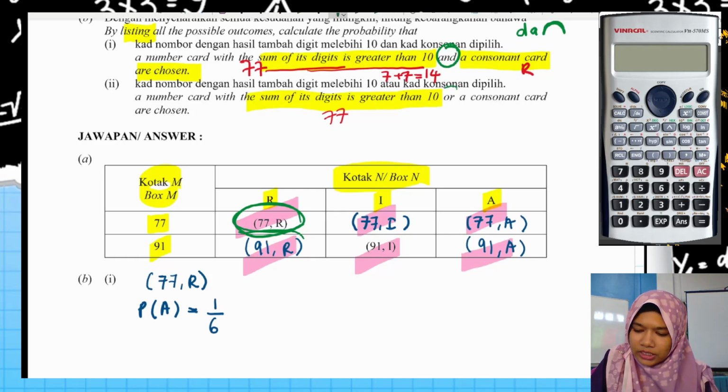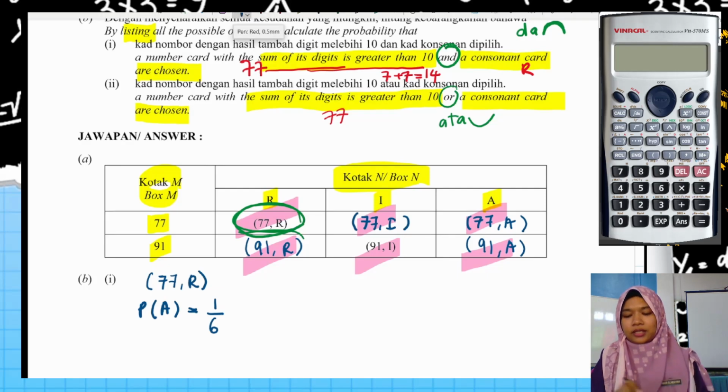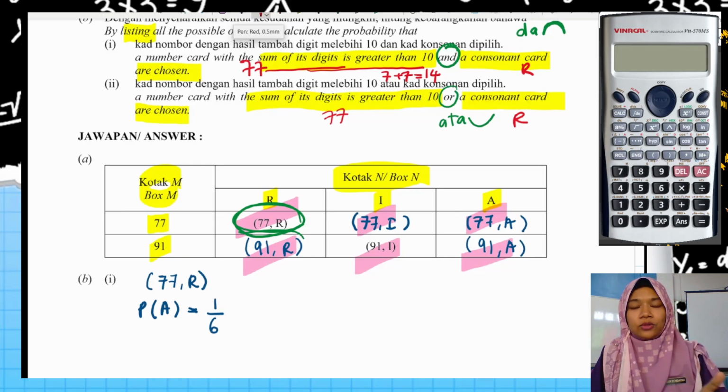And the word here is or, atau. Okay, atau. Okay, or a consonant card are chosen. Means that, okay, right, consonant is R. Okay, tapi di sini, okay, digunakan or. Maksudnya salah satu mesti ada.